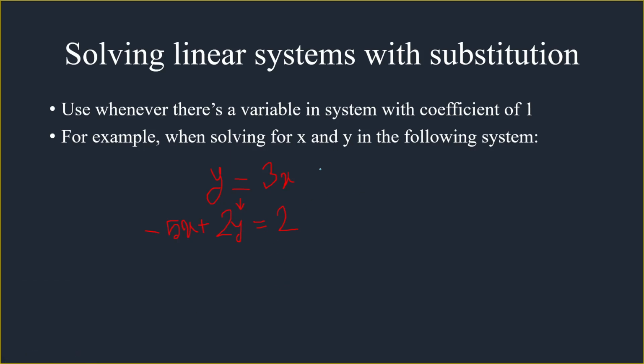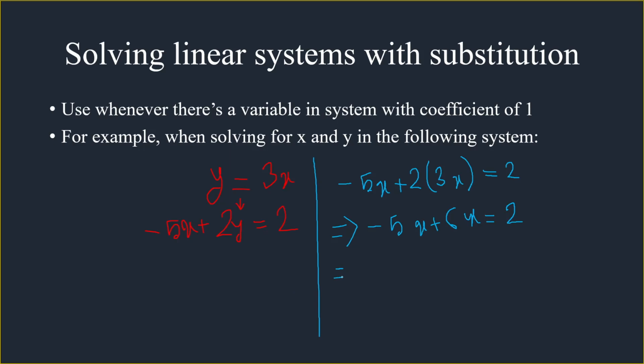Let's do it here. We have minus 5x plus 2 multiplied by 3x is equal to 12. So now we have a minus 5x, and when we multiply, we get 6x. After doing 6x minus 5x, we get x, which is the value of x.